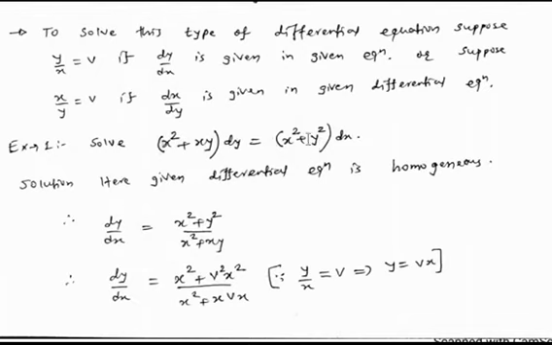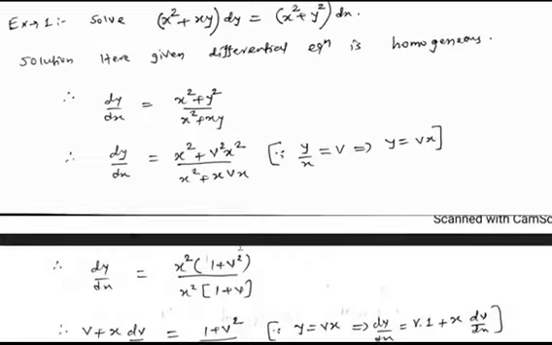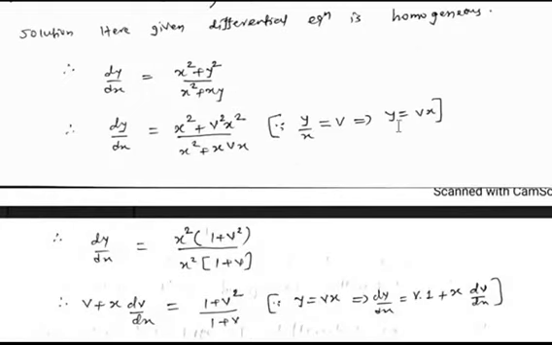Writing this in the form dy by dx equals (x square plus y square) over (x square plus xy). Now y by x equals v, so we have y equals vx. Replacing y by vx, it will become v square x square plus x square, over x square plus x times vx.